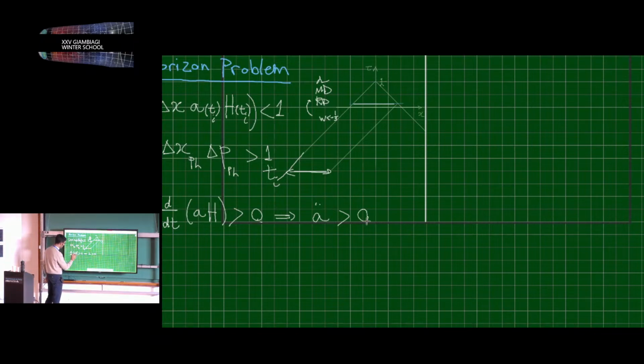Okay, let me rewrite this equation in a slightly different way. So d by dt of a times h, given that a, the scale factor, is always positive, I can write it as h squared plus h dot larger than 0.